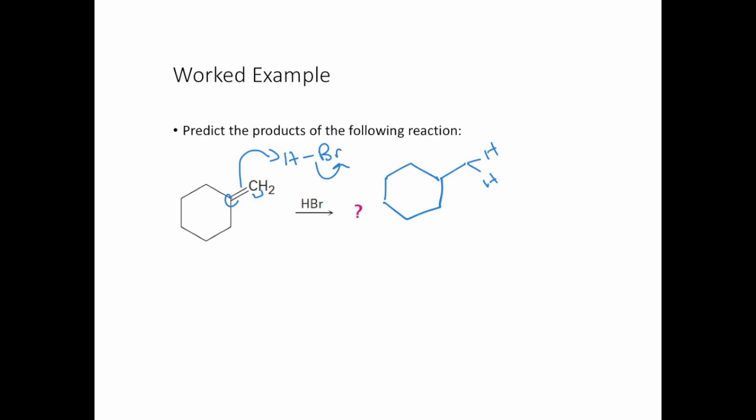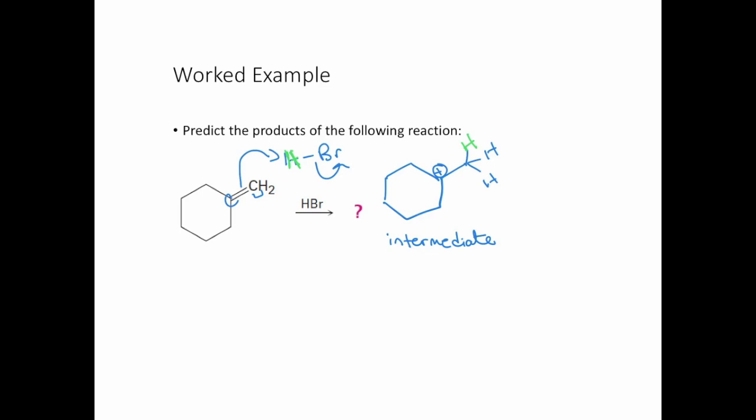Let me actually put that in a different color. Here, I'll put it in green. So here's my new H in green. And now I'll have a positive charge on the other carbon. That's my carbocation. So this is my intermediate.